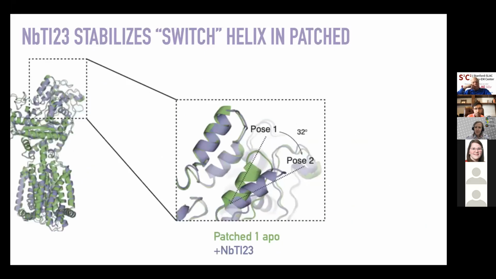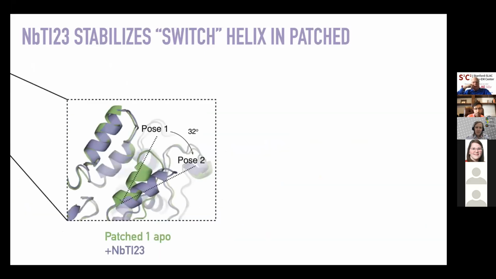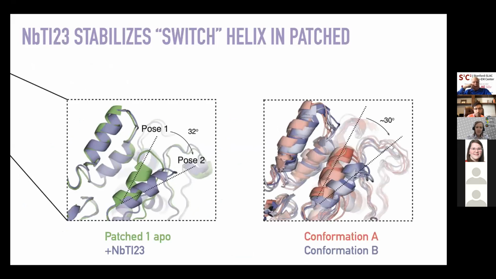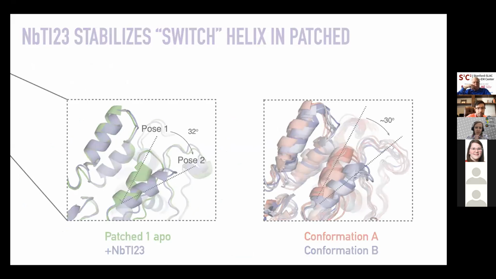Can you then look at what parts of HEDGEHOG are disposable, so that you don't have to have that long tail, as long as you have something that moves that helix to that position? Does it give you more insight into what parts of HEDGEHOG really were important?